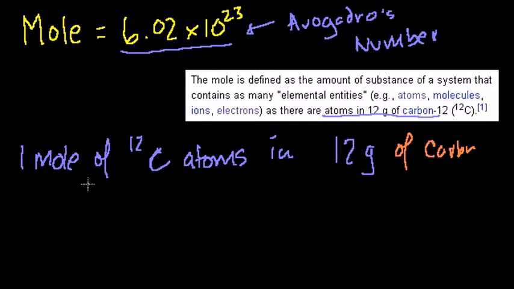And so that's why a mole is useful. Instead of writing 1 mole, I could have written that there are 6.02 times 10 to the 23 carbon-12 atoms in 12 grams of carbon.